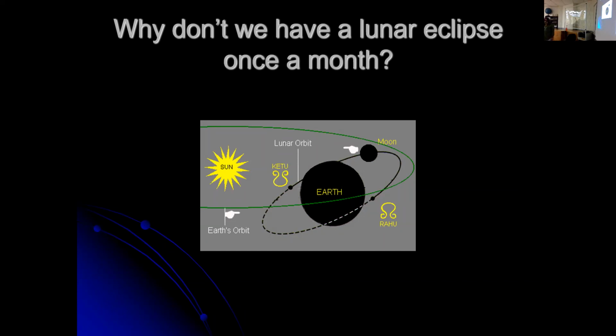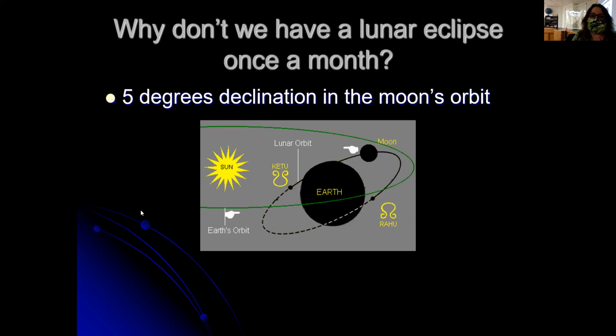What degree did we say that the moon orbits the Earth? It's about 5 degrees. The Earth itself is tilted at 23.5. The tilt of the orbit of the moon is at a 5-degree angle.